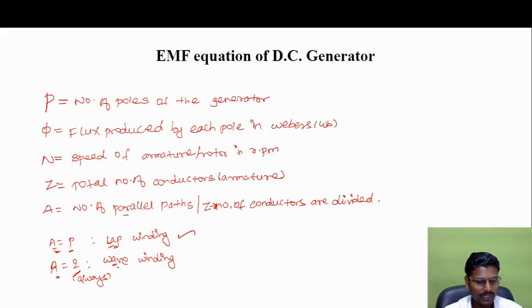But if wave winding is applied for armature conductors on the rotor, then the number of parallel paths A is equal to 2 always. So these are the parameters that we are going to consider for our derivation.